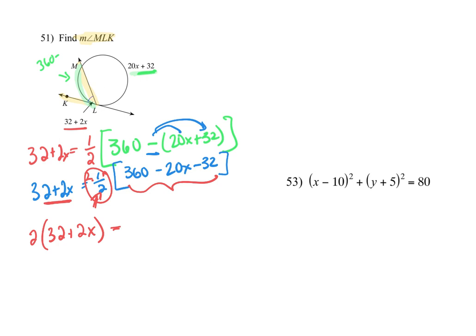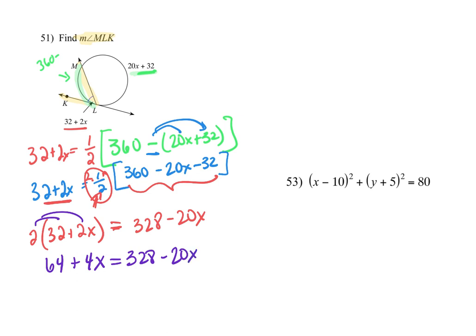So 360 minus 32 gives me what, 328 minus 20x, and then distribute this 2 through on the other side. So if I distribute that 2 through, I get 64 plus 4x equals 328 minus 20x.